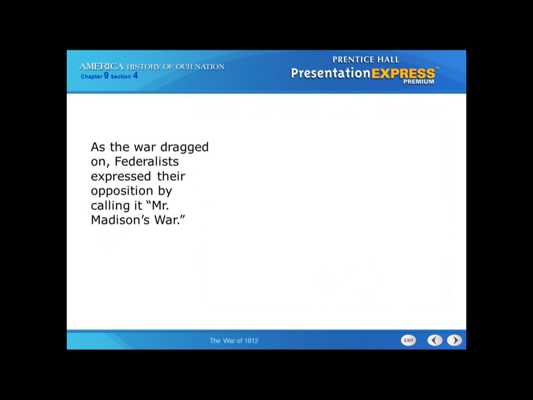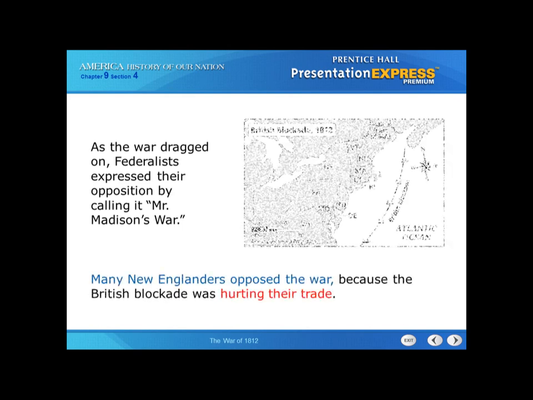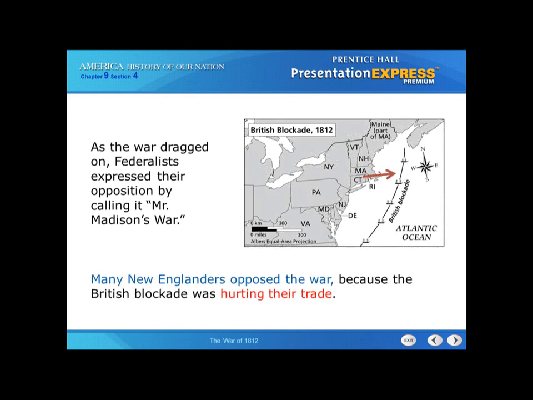As the war dragged on, Federalists expressed their opposition by calling it, quote, Mr. Madison's War. Again, remember, James Madison, at this point, would be considered a Republican. Think of Madison and Jefferson together as more anti-Federalist minded. Federalists, remember, were pro-British, so right from the start, they're not very happy about this.